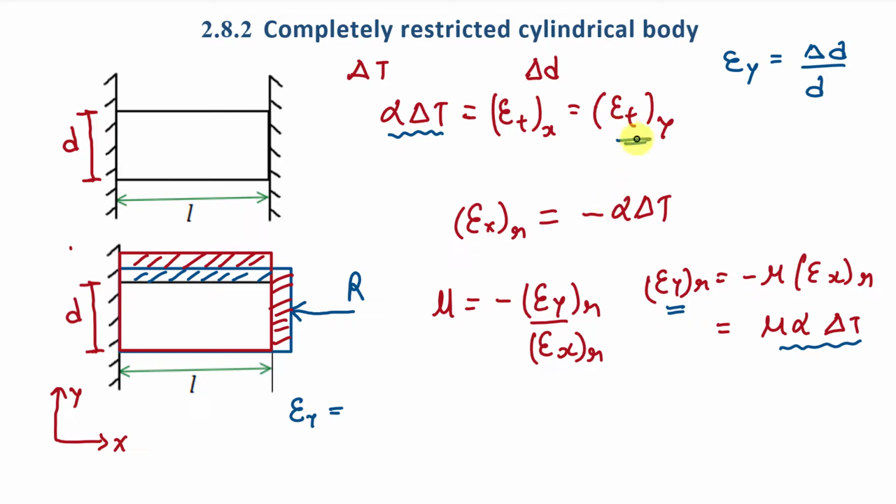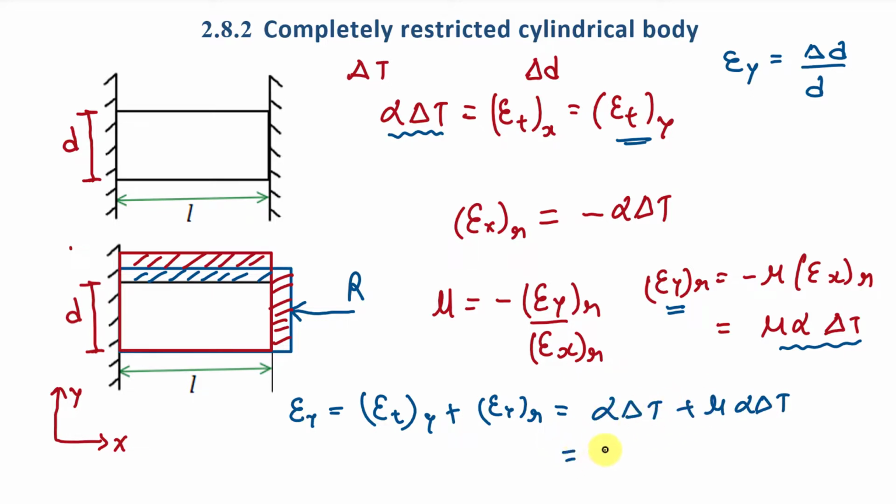It will be epsilon T y plus epsilon y R. So it will be equal to alpha delta T plus mu alpha delta T. And here we can take alpha delta T as common. So it will be alpha delta T into bracket 1 plus mu. Fine. So this is the value of strain in y direction epsilon y.